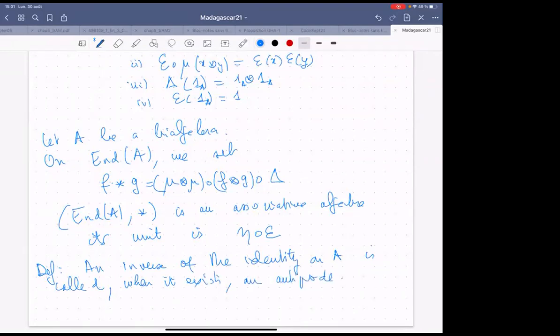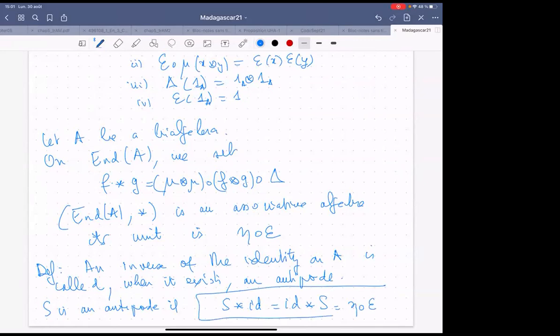An endomorphism S is an antipode if S convolution with identity, with respect to the definition mentioned already, and identity star S equal eta composed with epsilon.